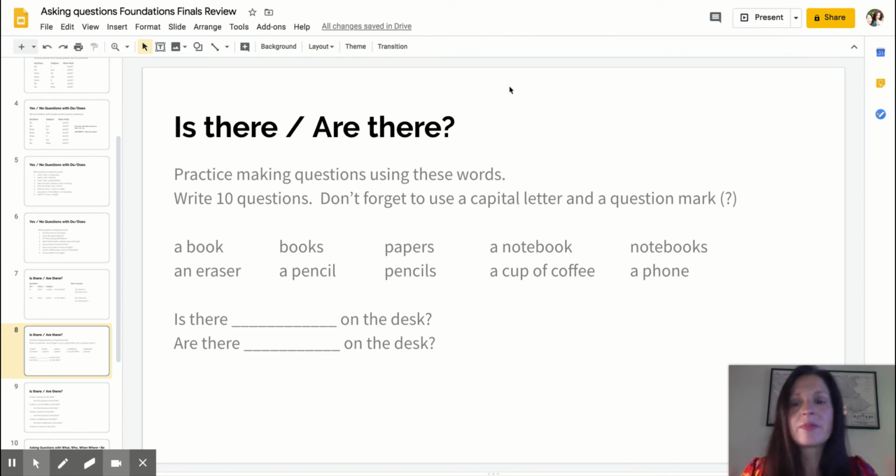Question mark. You will write, is there or are there vocabulary on the desk? So is it singular or plural? Will you use is there or are there? Write 10, press pause, write 10 questions. When you finish, press play, and I will show you some answers.